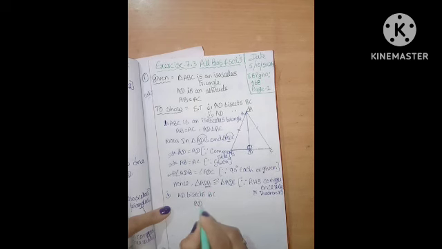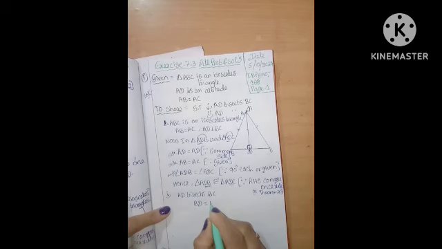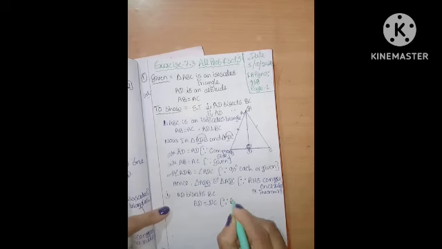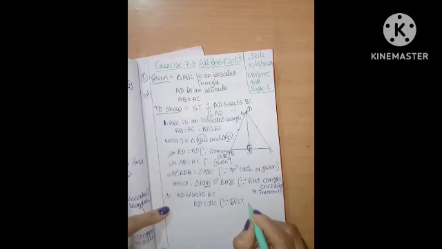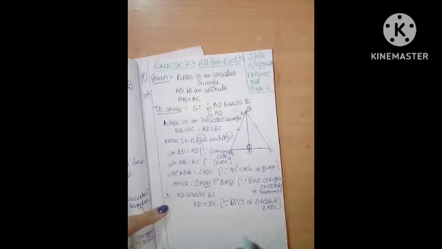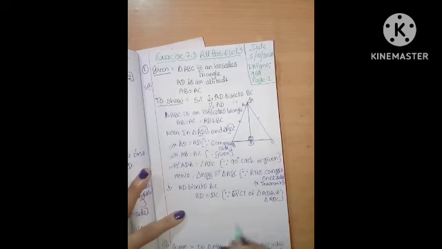BD is equal to DC. Why? By using CPCT of triangle ADB and triangle ADC.